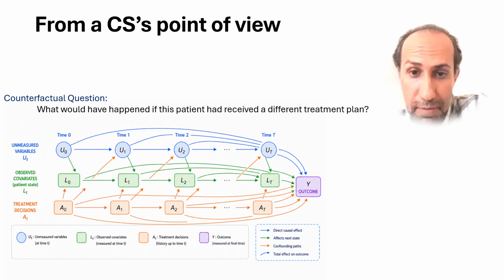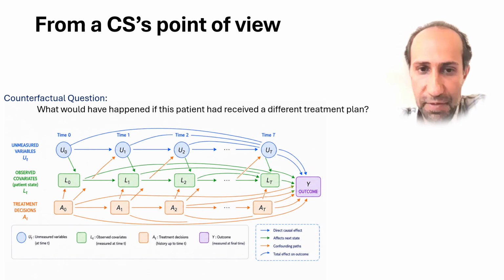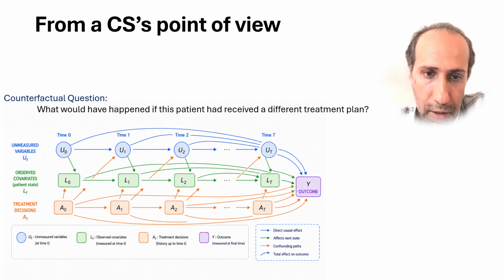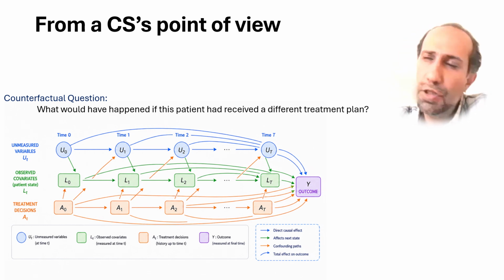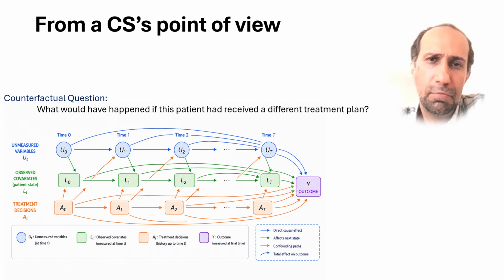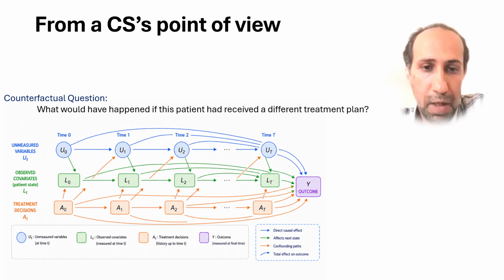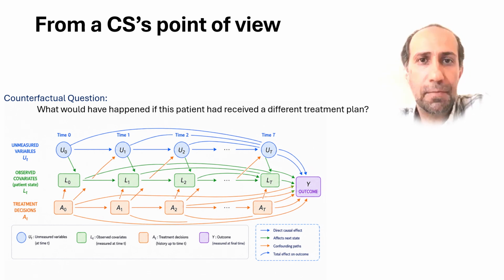Let's explain this graph a little bit. A indicates the action, here the treatment: a drug is prescribed. L indicates the covariates, biomarkers.